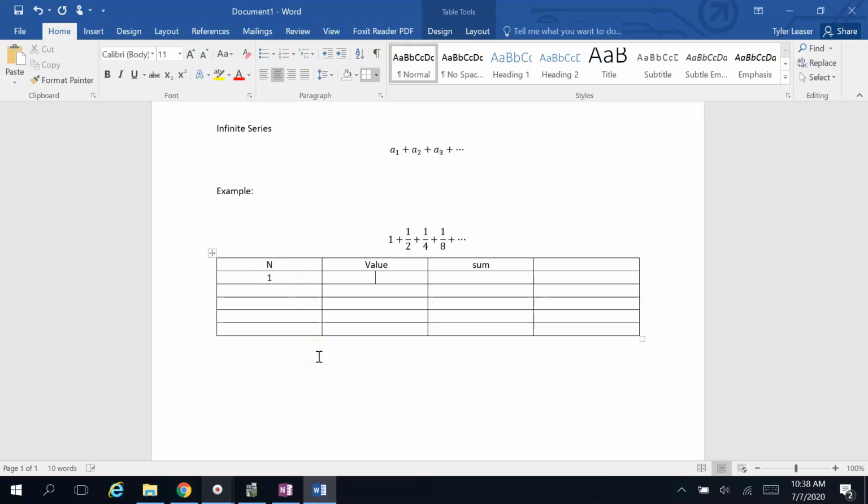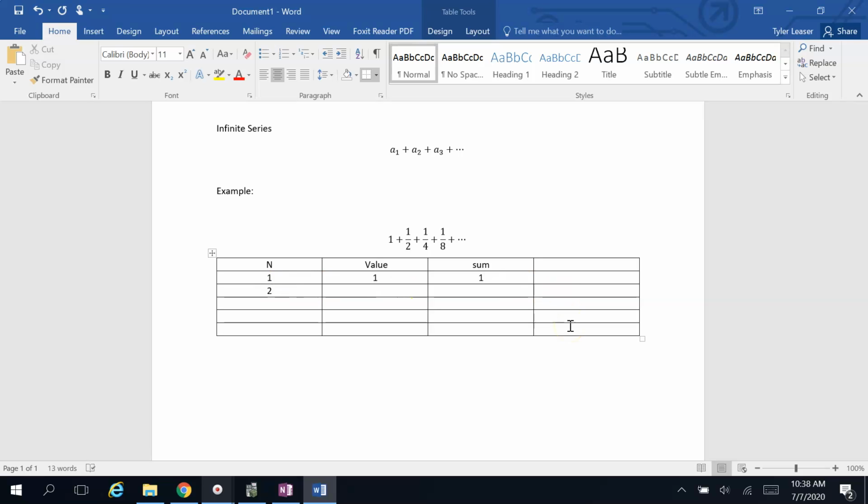So let's just start off with my index value of 1. The value of the series at 1 is going to be the 1 that's out in front here, which is the only value that I have. Then, of course, the sum is going to be 1. Okay. The next index, 2.